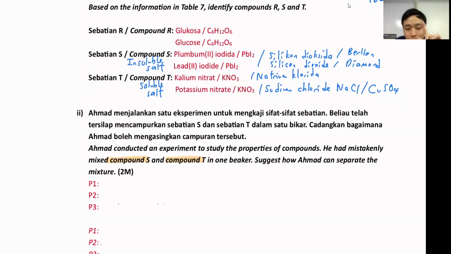One of them will dissolve in water, which is T. This one will not dissolve in water. Then you take this out from the water. Because the story is they mixed these two solids together. How do you separate these two solids? When you put them inside water, only one of them will dissolve. Then you use the filter to take this out.